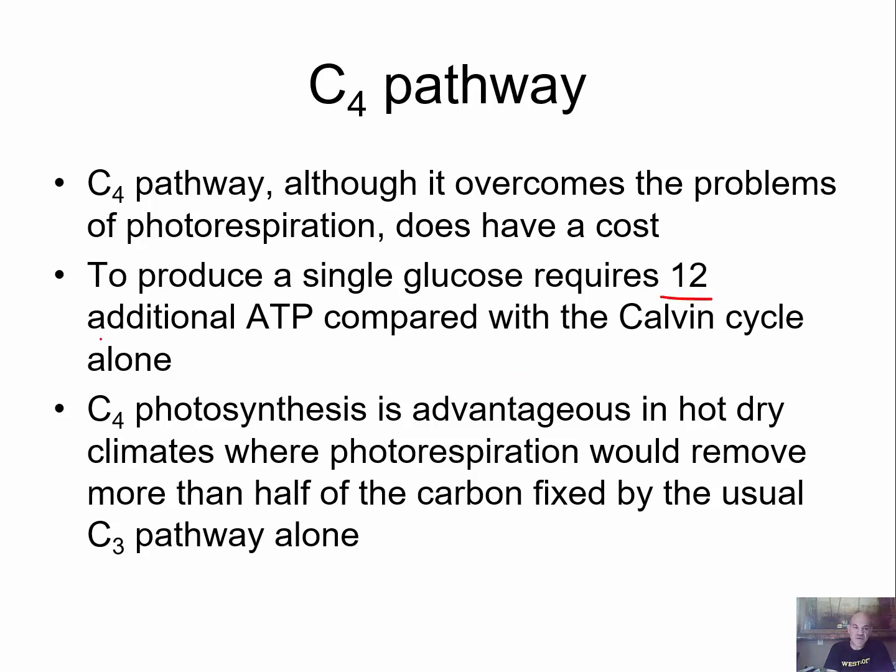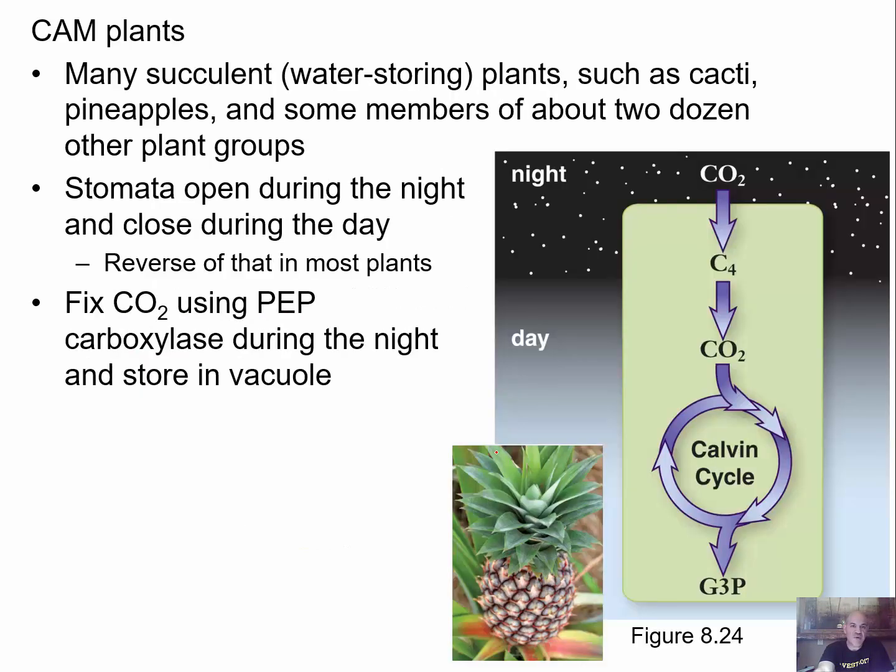It's going to take some extra ATPs to do this. But this C4 pathway, or photosynthesis, is an advantage in hot, dry climates, because without it, photorespiration would remove half of the fixed carbon, which means we would get half of the glucose you could possibly make using the normal C3 pathway.